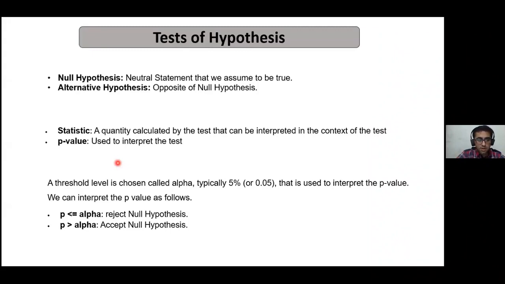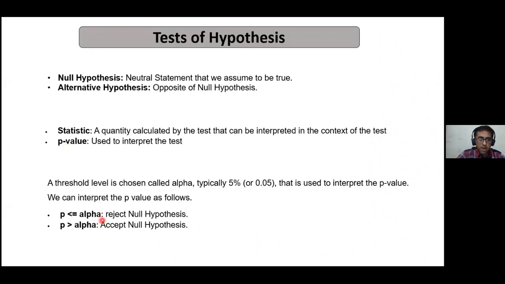If we assume that our data has 10% error, we take alpha as 10%. Depending on the error, we take alpha accordingly. And depending on that alpha, we reject or accept the null hypothesis.